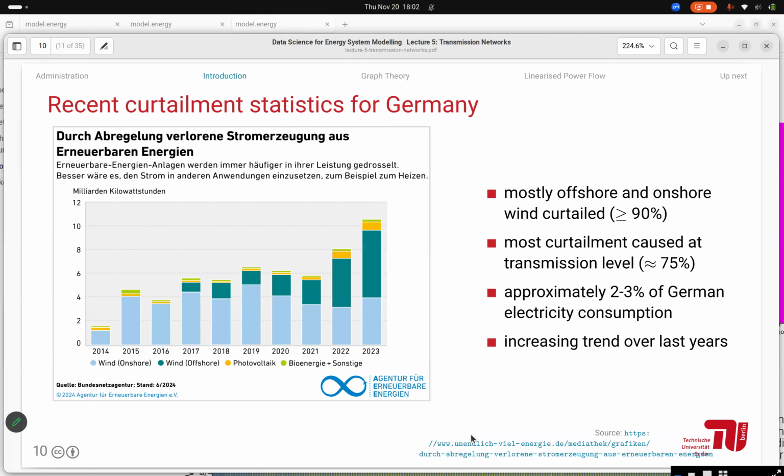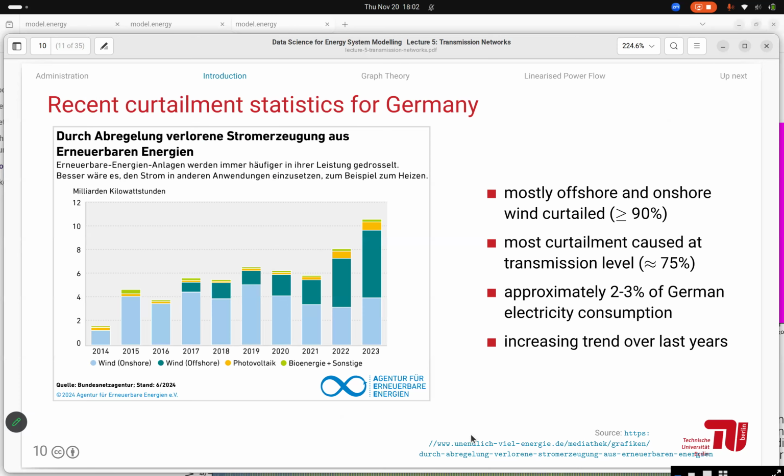And what this number 10 terawatt hours means is maybe something like 2 to 3% of German electricity consumption. That's renewable electricity that is generated that cannot be used for operational reasons in the transmission grid. That means that 2%, 3% of the electricity consumption we cannot cover by the renewables.